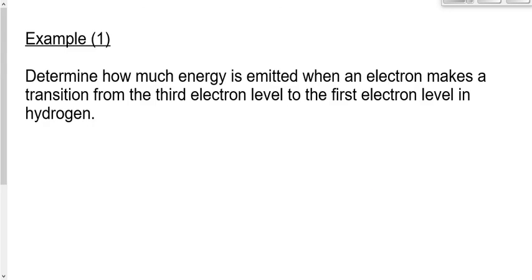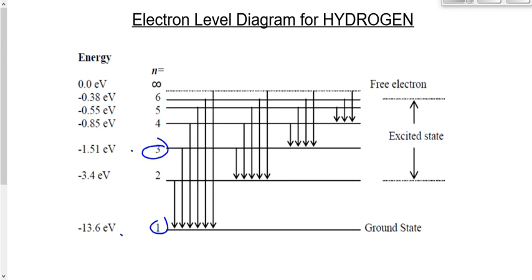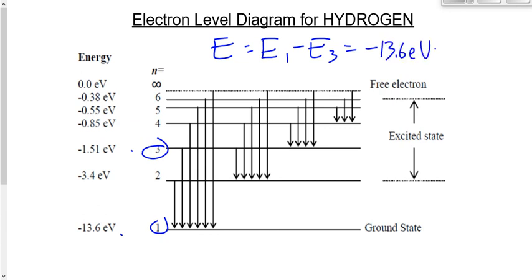So in this question, we are asked to find the energy emitted when it goes from the 3rd to the 1st. What we're going to do is subtract 1 from 3. The energy of this transition is the final energy, level 1, minus the initial energy, level 3, which gives us negative 13.6 eV minus negative 1.51 eV, which gives me negative 12.09 eV.